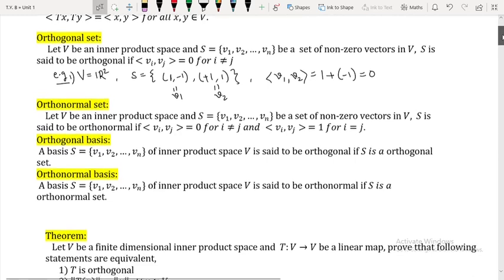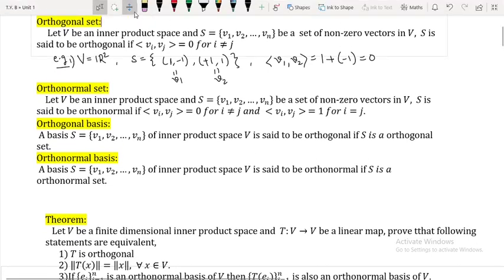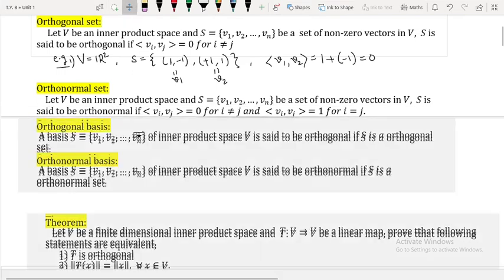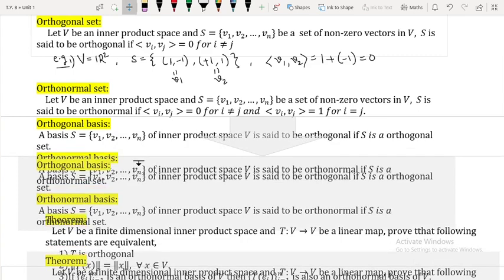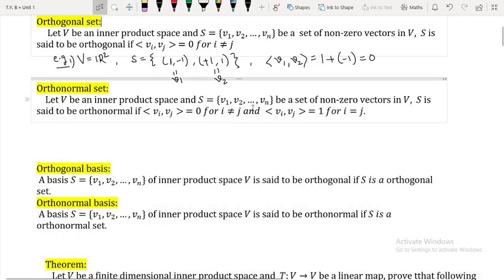So now we will go for the definition of orthonormal set. The definition is similar, there is only a small change in it. Again, a set of non-zero vectors in V is said to be orthonormal if inner product of vi with vj is equal to 0 for i not equal to j.